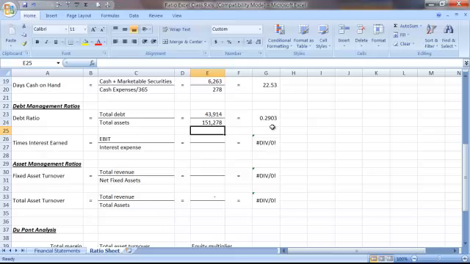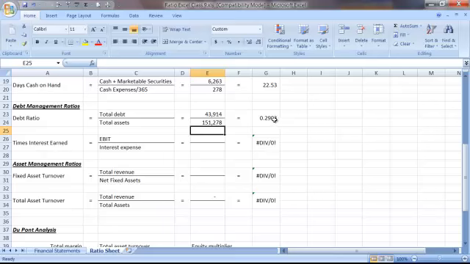Now, in general, what this ratio is telling you is how much debt you have on all your assets. And a 0.29 is pretty low. That's good. In general terms, creditors prefer low debt ratios because if they're going to be lending you money, they don't want to be competing with other debt in getting payment on that debt.